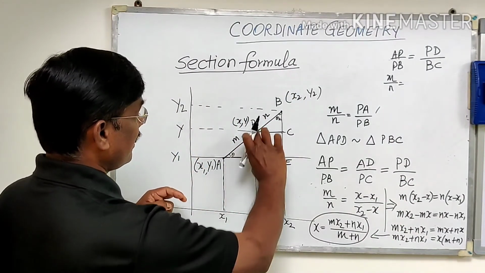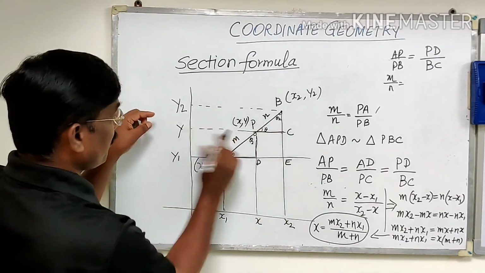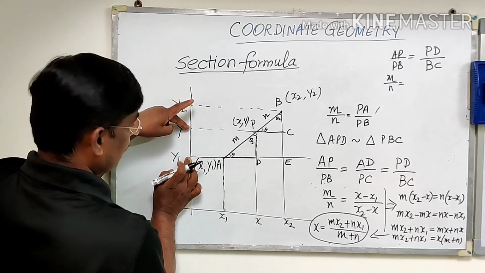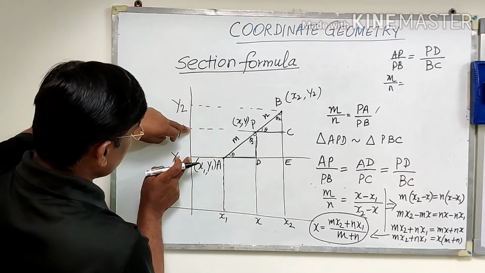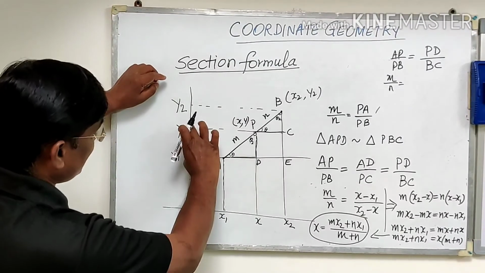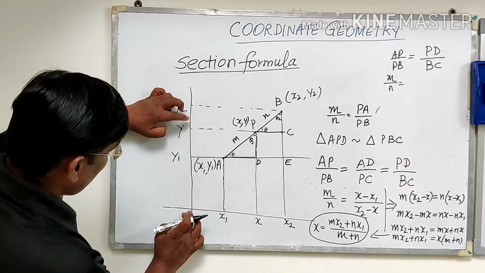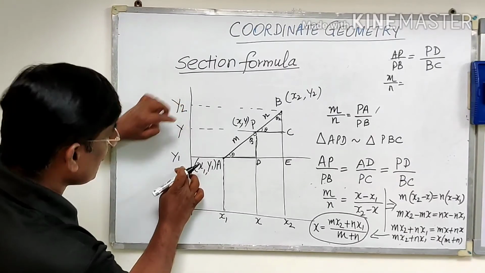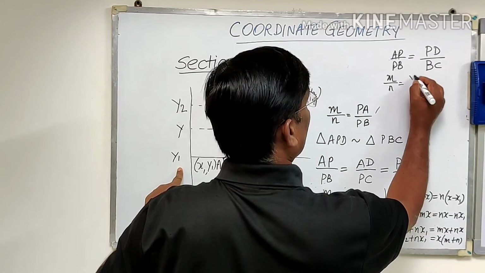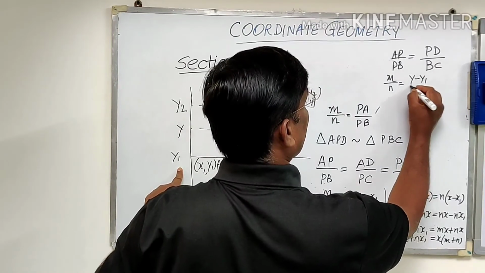P is here and D. So PD is this length, right? This length is nothing but y minus y1, divided by BC.